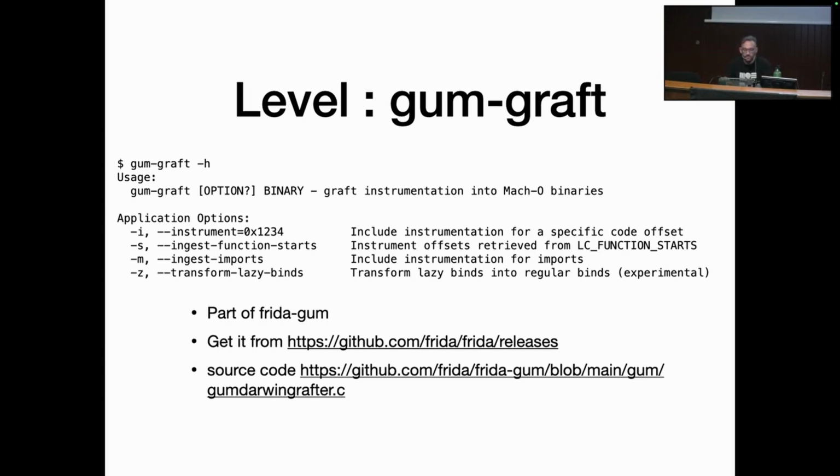And also, if you need it, it's possible to specify absolute offsets in the binary itself, or ingest all the function starts in the binary. But those two options are a bit dangerous at the moment. It can be improved, because at the moment there's no code relocation implemented in gumgraft.